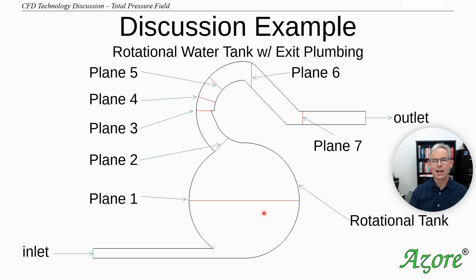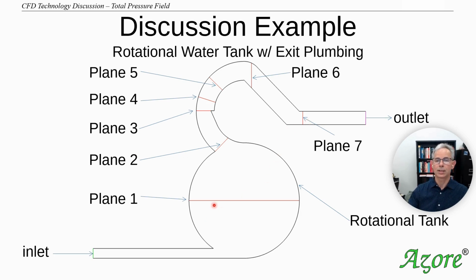And so our task here is, let's look at the total pressure, and we're going to extract total pressure at each one of these red lines, and look at what that total pressure is for this system. We really should expect to get values that don't defy our engineering expectations.